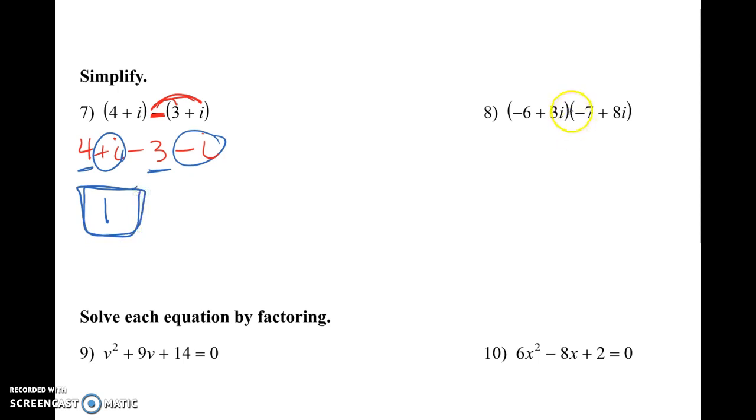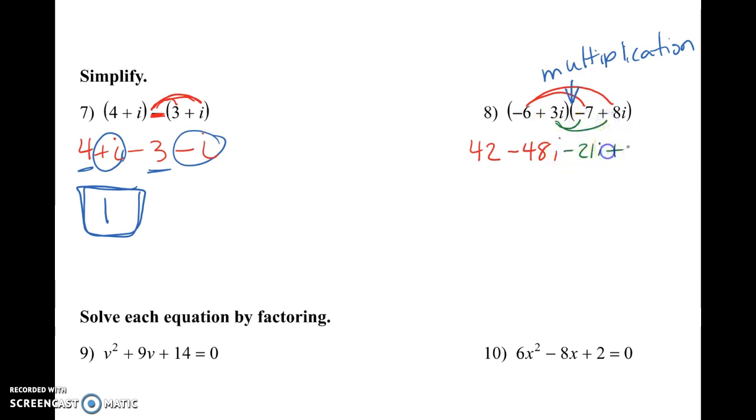For number 8, there is no addition or subtraction here. There's actually multiplication, right? So I'm going to go ahead and FOIL this, or distribute it. 42 minus 48i and -21i plus 24i.